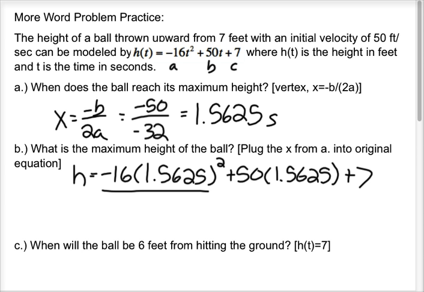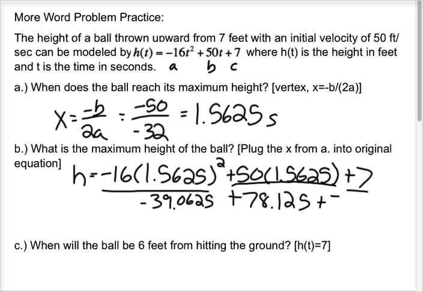When I calculate that first piece, I get negative 39.0625. When I simplify the next piece, I'm getting 78.125. And then that plus 7 at the end. When I add all of it up, I'm getting a height of 46.0625 feet.